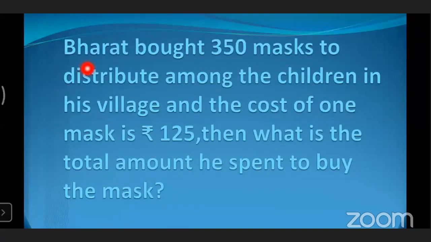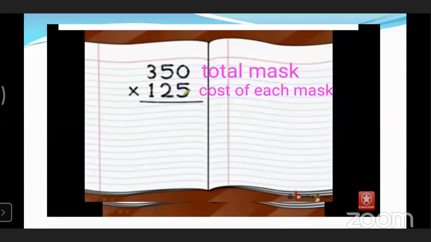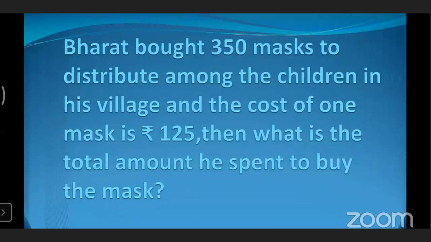Bharat bought 350 masks to distribute among the children in his village, and the cost of one mask is rupees 125. Then what is the total amount he spent to buy the mask? Do you understand?